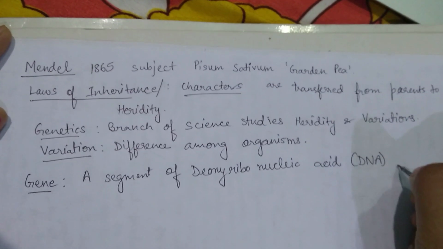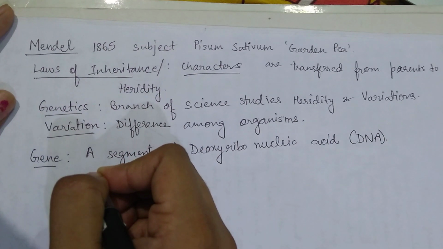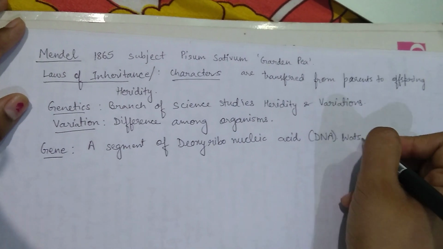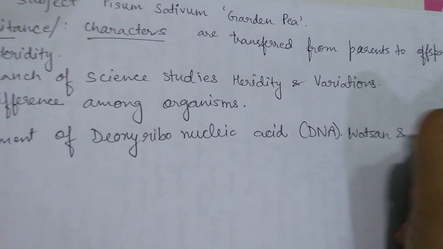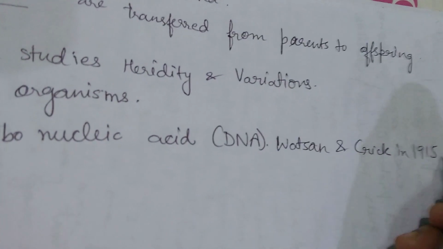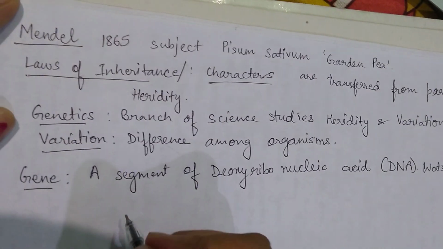It is the genetic material of various organisms. It was discovered by Watson and Crick. So, a gene is a segment of DNA.